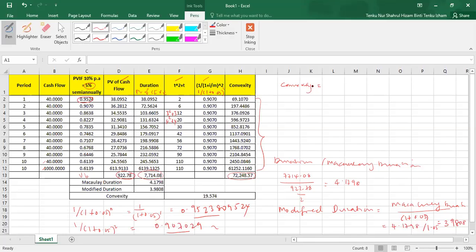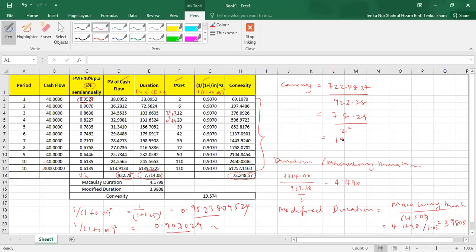Therefore, the total of convexity, 72248.57, divided by the bond value, you get 78.29, and you divide it by the frequency squared.